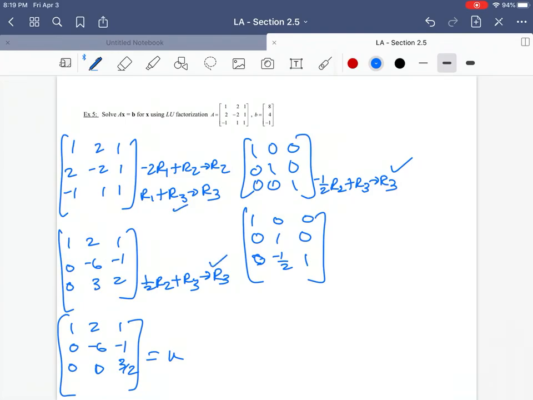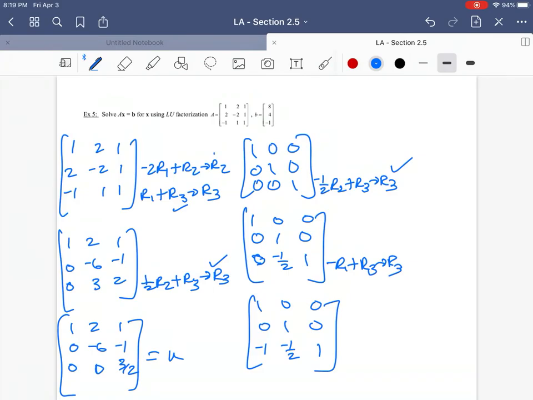Now for row 1 plus row 3, I'm going to do negative row 1 plus row 3 to stay in row 3. So I have 1, 0, 0, 0, 1, 0, and then negative 1, negative 1/2, and 1.